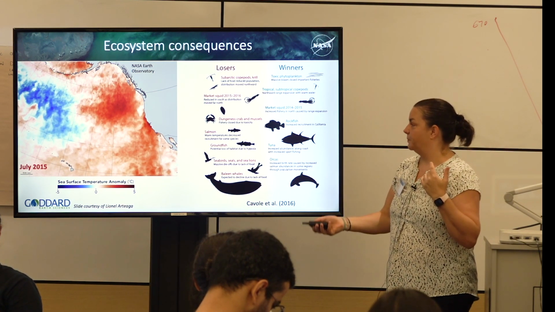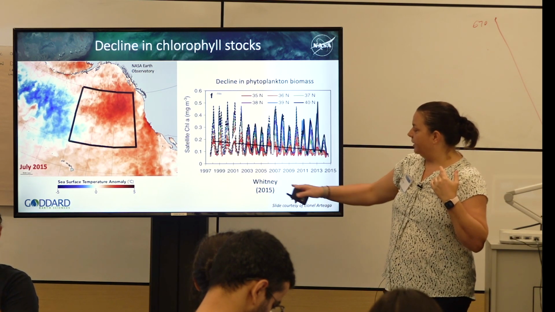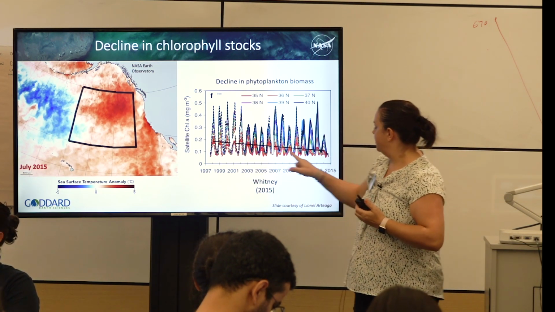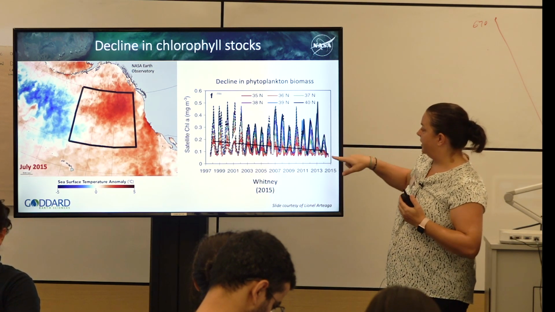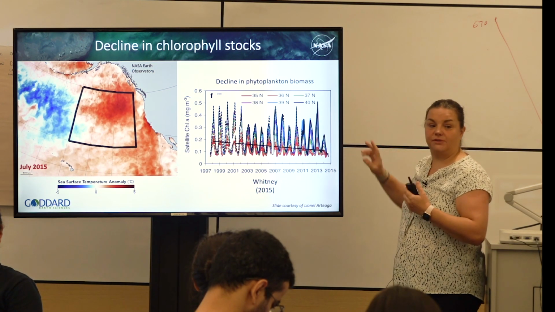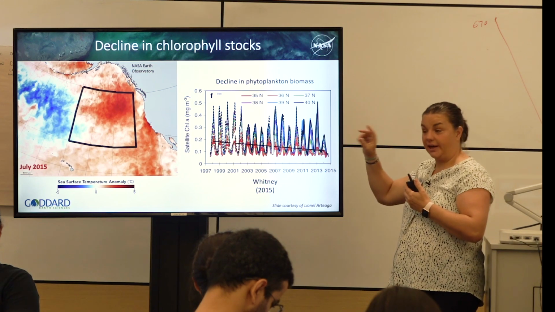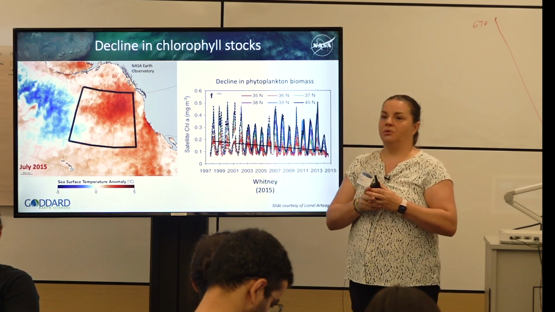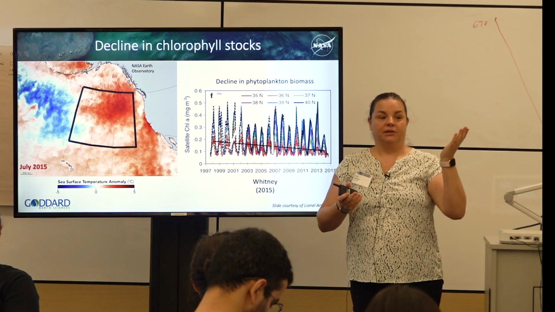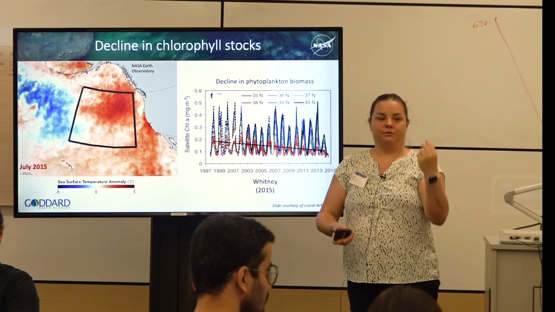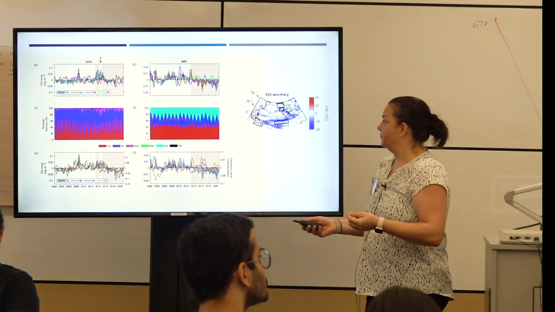lower trophic level? And it turns out there was a paper by Whitney in 2015 that already looked at the chlorophyll, and they found that there was a decline in the phytoplankton biomass, so total chlorophyll in that area during the first blob. And so our question was, during the blob, are all phytoplankton groups declining, or is it a phytoplankton composition shift?